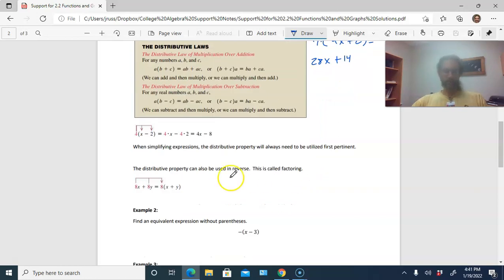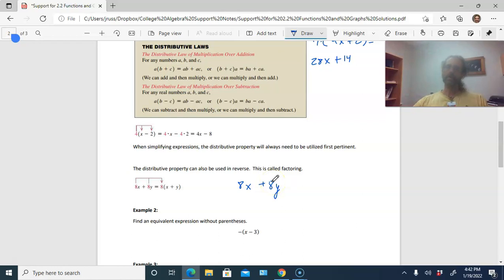Now I do want to mention one thing right here. You can use the distributive property in reverse, and this is an example right here. So if you had, let's say, these two terms, 8x plus 8y, if you notice, each of these two terms have coefficients of 8. So what happened was an 8 was already distributed to these two terms. That's why they each have 8s. So you can actually take out that 8.